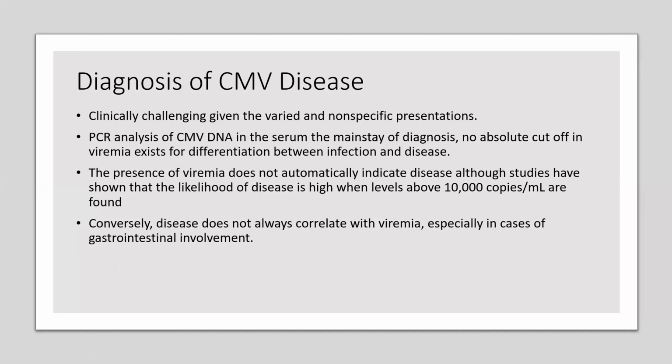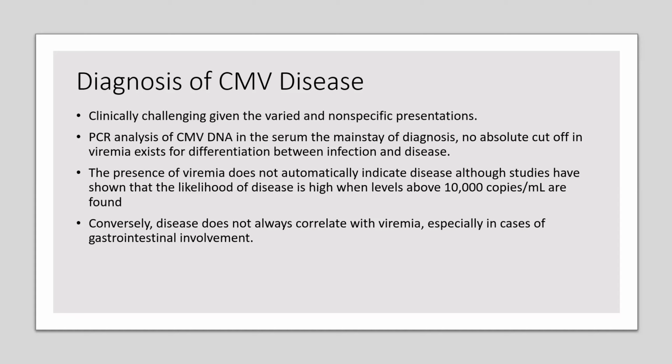So the diagnosis of CMV disease can be challenging, as it may present with varying non-specific presentations. PCR analysis remains the mainstay of diagnosis. There's no absolute cutoff to distinguish between infection and disease, but some authors suggest using 10,000 copies per mL.